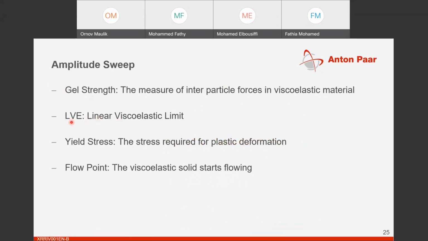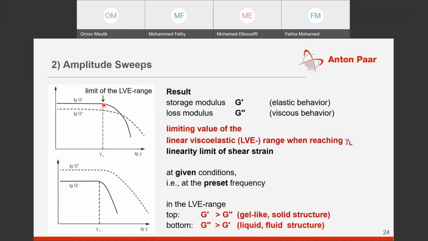Then you can determine the linear viscoelastic range. That means the elastic range of a material, the deformation up to which the internal structure of the material is not changed. Then you can also determine the yield stress using this. So here, after this LVE range, you would find the yield stress somewhere over here.